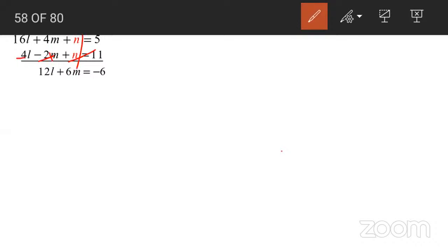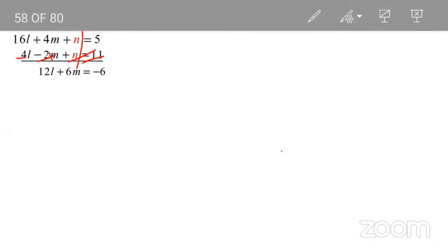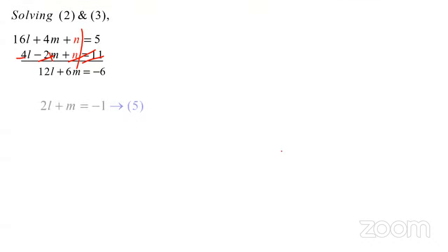Then 16L minus 4L is 12L, 4M plus 2M is 6M, and 5 minus 11 is minus 6. Then 12L plus 6M equals minus 6. Dividing, I will get 2L plus M equals minus 1. This is equation number 5.